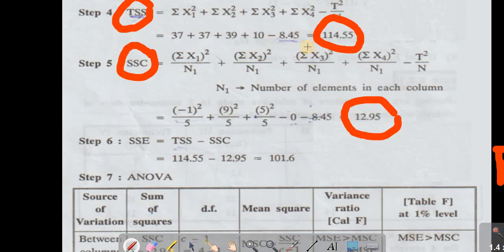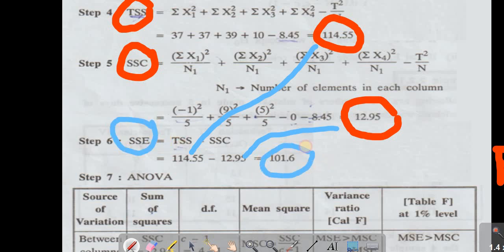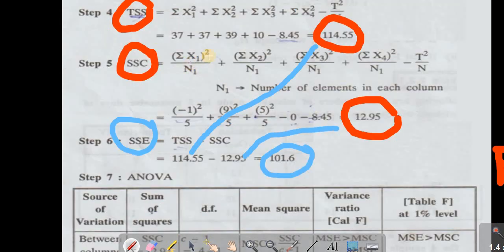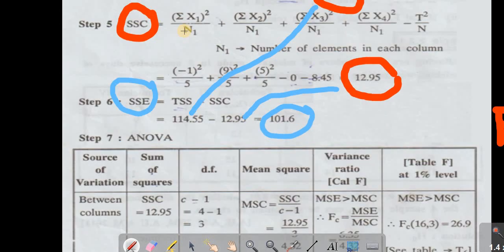TSS is 114.55. Now what is SSC? SSC is 12.95, you subtract, and you will get SSE equal to 101.6. So we have got SSC, SSE and TSS values.